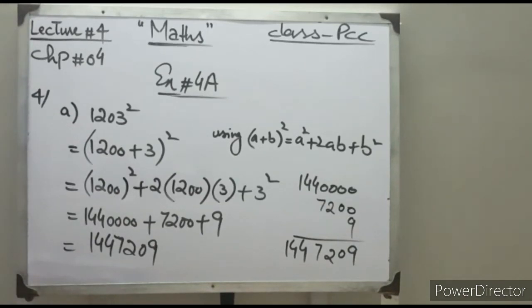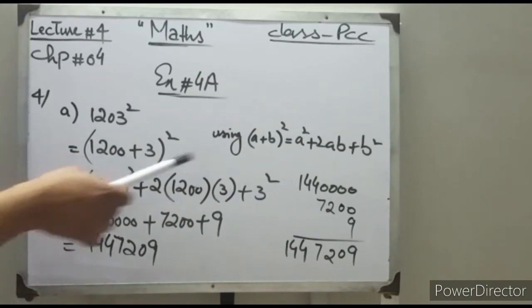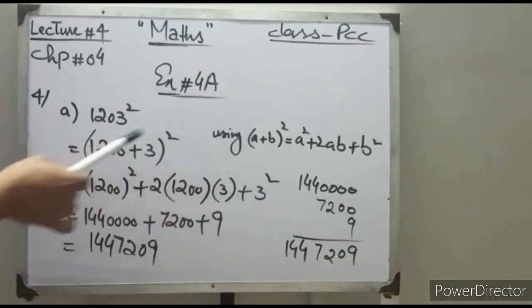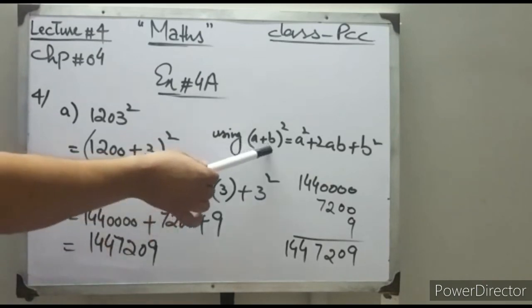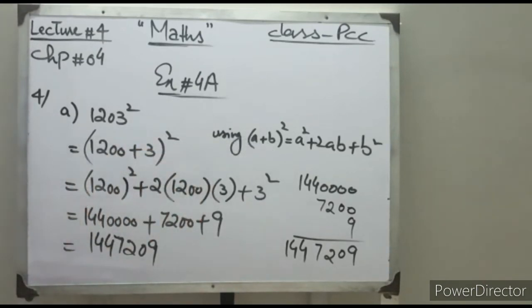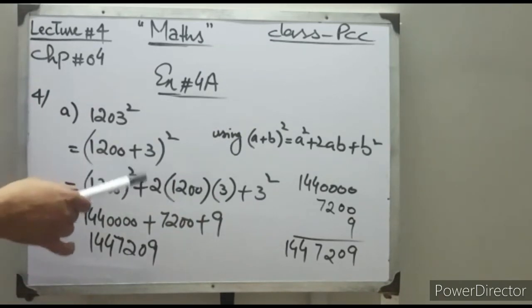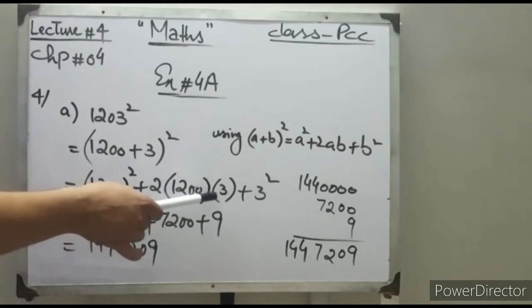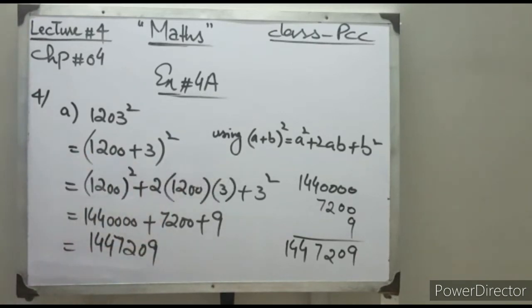Once again we will use identity number 1, which is (a plus b) whole square equal to a square plus 2ab plus b square. You may see a is 1200 and b is 3. Apply this identity on this question.